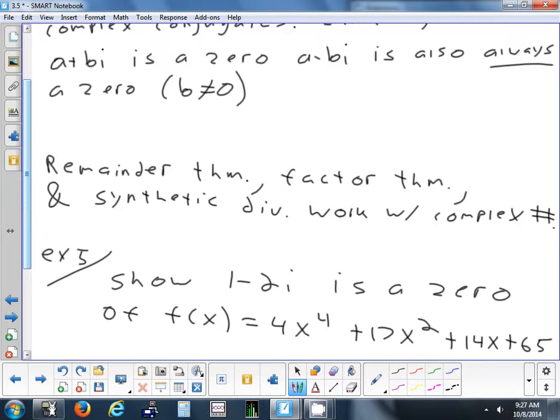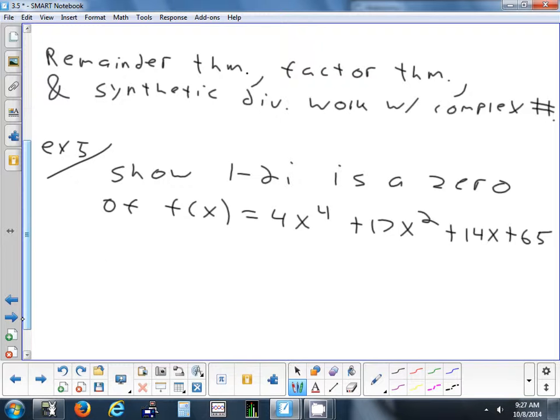Okay, so what I'll do is I'll use synthetic division. 1 minus 2i is going to be on the outside of my symbol, and I'm going to divide that root synthetically into the polynomial and see what we get. So put 1 minus 2i on the outside. List your coefficients.